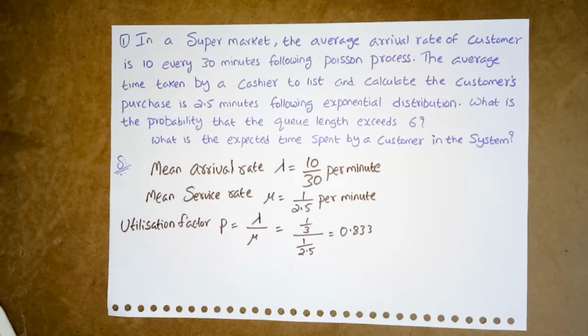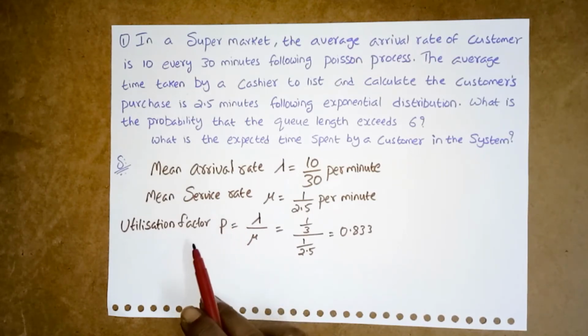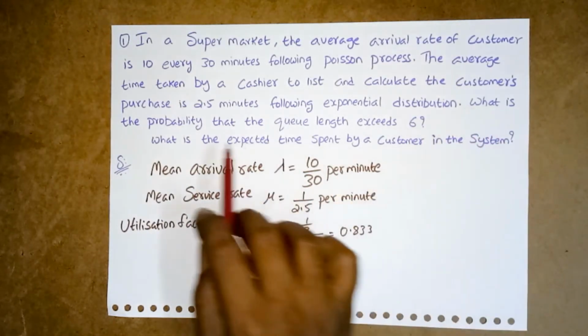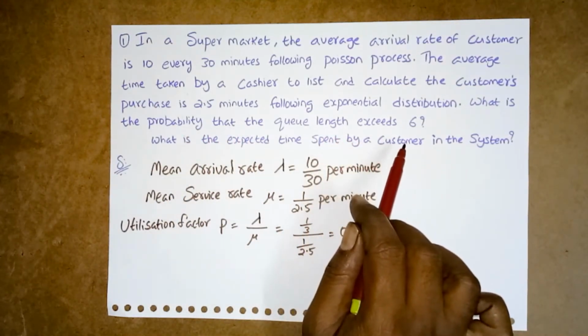Next, listen here. After knowing the mean arrival rate, mean service rate and utilization factor, half of the solution is completed. Next we calculate what he is asking: the probability that the queue length exceeds 6.